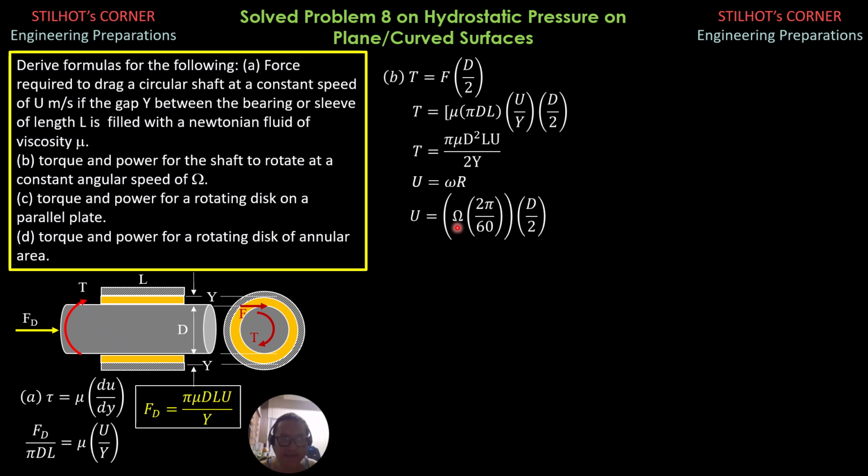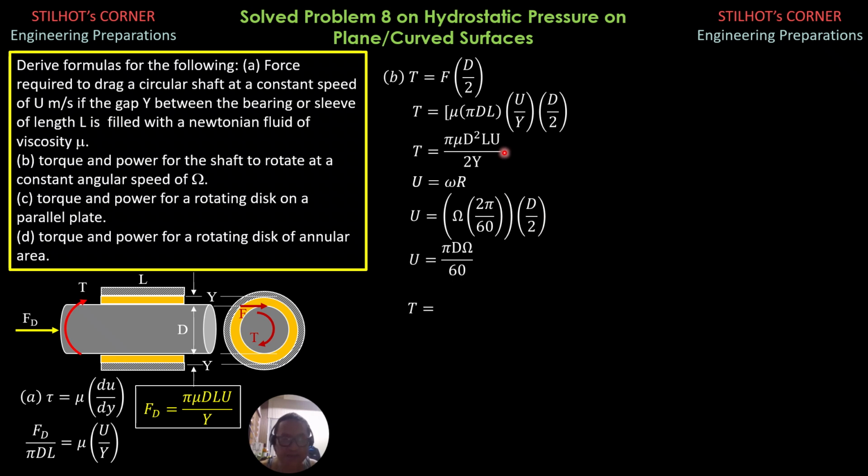If omega is in revolutions per minute, we are obliged to convert it to radians per second because this should be the angular speed. Revolutions per minute divided by 60 seconds gives revolutions per second, and 2 pi radians is 1 revolution, so that's now in radians per second: omega pi over 30. That's the value of the angular speed. Then times D over 2, so U becomes pi D omega over 60.